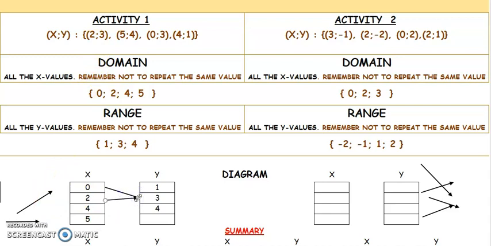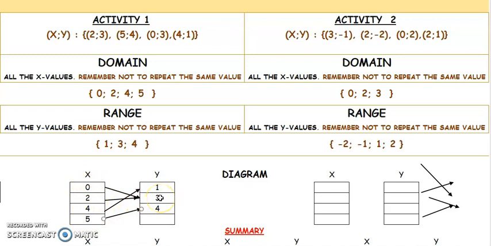Then I also see that 4 and 1 is a coordinate. It's going to look like that. And then I see that 5 and 4 is a coordinate, and it looks like that.